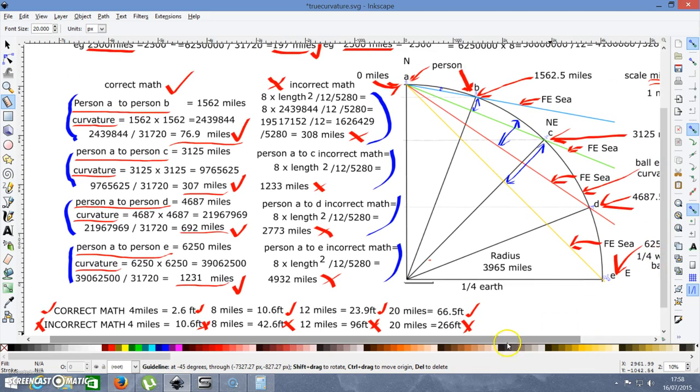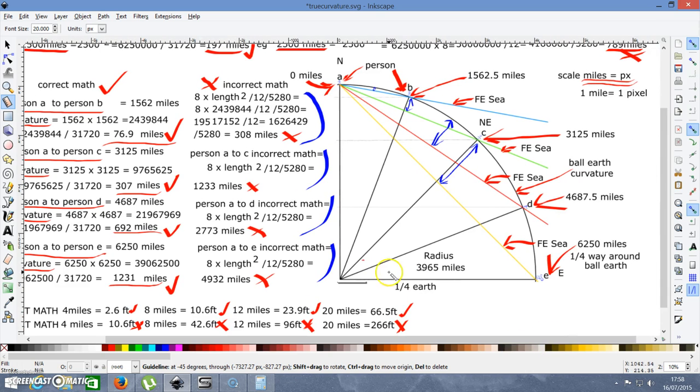It actually works with a model that is correct in distance, 3,975 within 5 or 6 miles or whatever, but basically for this ratio and scale it works perfectly with the maths.